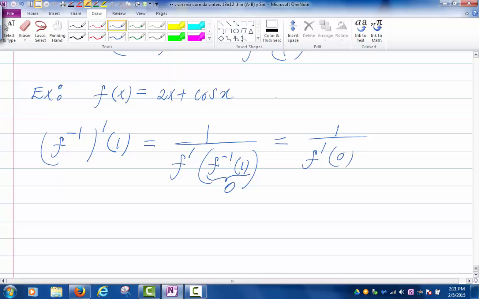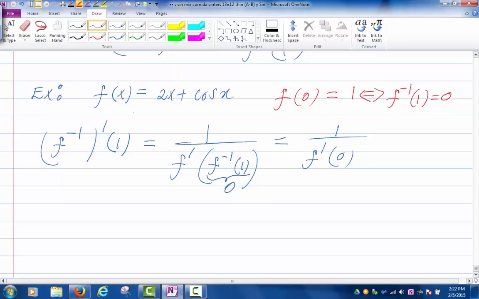So I know that this is equal to 1 over f prime of 0. Again, what we are saying here is that f of 0 is 1, or f inverse of 1 is 0, right? So the derivative of f inverse at 1 is 1 over the derivative of f at 0. And then what is 1 over f prime of 0?